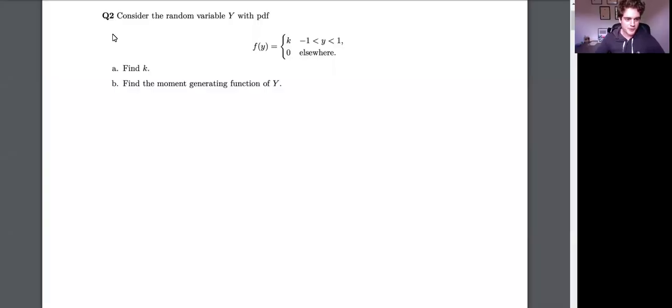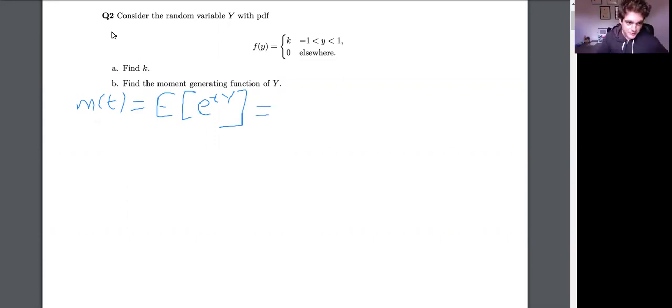For part B, we're asked to find the moment generating function of y. So we know that the moment generating function, which we denote by m of t, by definition, is given by the expectation of e to the t y of our random variable y. Okay.